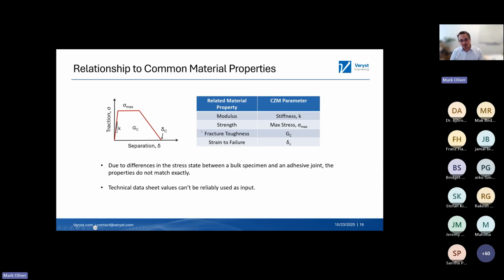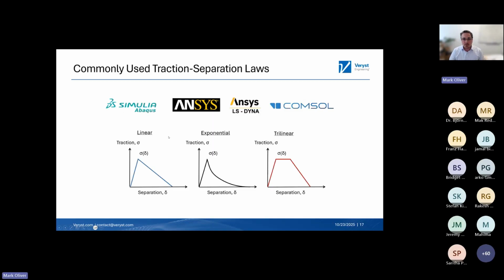So as I said on the previous slide, there's this nice connection between the traction separation law parameters and the many material properties that we engineers are used to thinking about: elastic modulus, strength, toughness, strain to failure. These traction separation laws are implemented in most finite element codes now to various degrees of sophistication and flexibility.